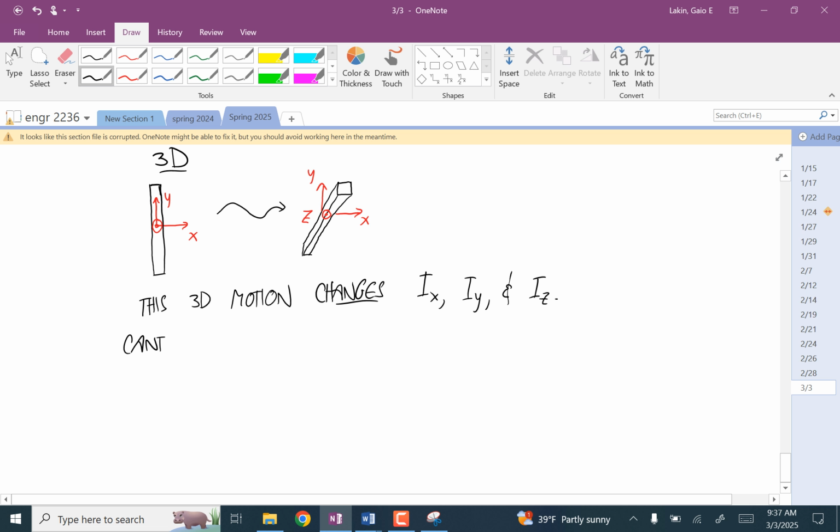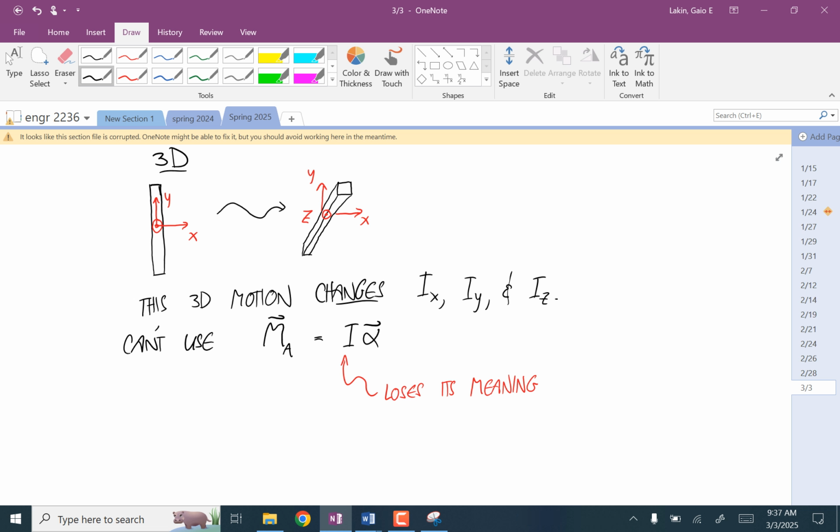You can't use the moment is equal to I alpha, because that I is changing. I loses its meaning. And so you have to use a more complicated approach when you go to 3D. There aren't that many places in mechanics where going from 2D to 3D fundamentally changes things, but this is one of those places.